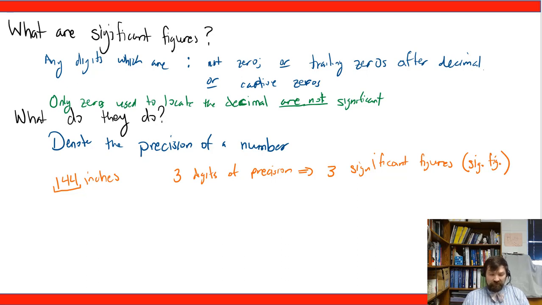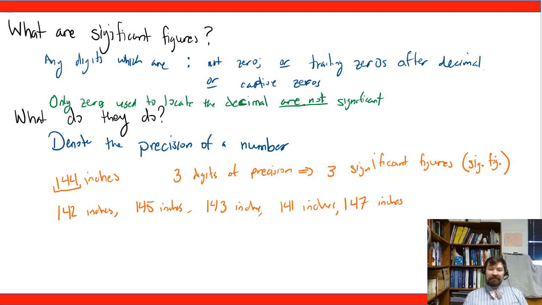So maybe now you go and you measure it, and you have measured 142 inches, but your friend measures 145 inches, and your next friend measures 143 inches. The next one measures 141 inches. Maybe some others get 147 inches. You know, somebody's just really sloppy. Okay. So what level of precision do you know this room to at this point?